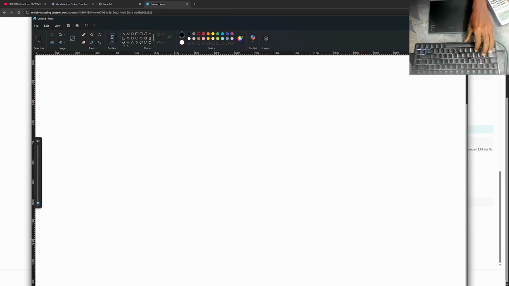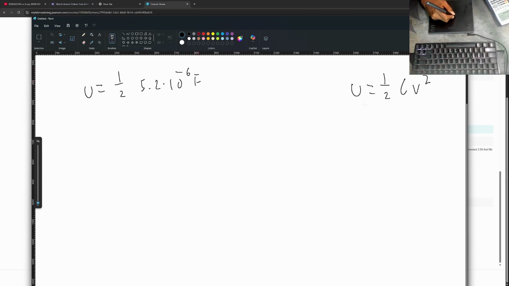So let's erase this. We write this one. So our stored energy formula is going to equal 1/2 times our capacitance times our voltage squared. So we can write this as stored energy is equal to 1/2 times 5.2 microfarads, so that's 5.2 times 10 to the power of negative 6 farads, times 1500 volts squared.